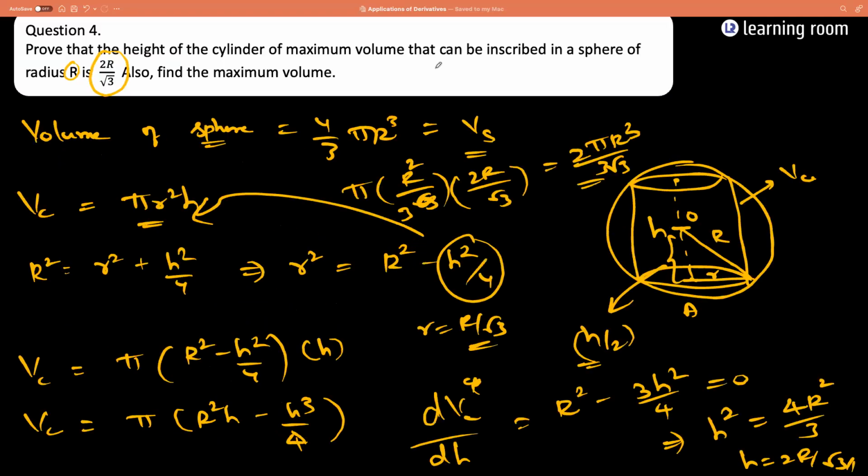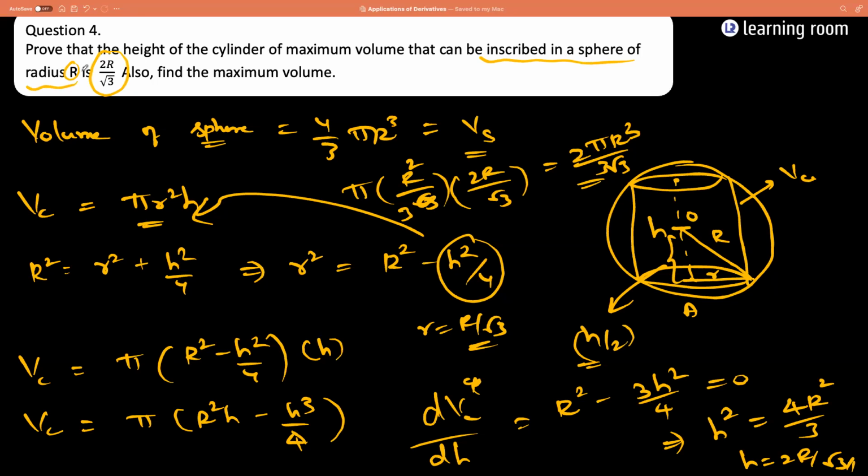By reading this question, which one are you able to choose as fixed? Read the question, don't guess it, be 100% sure. Which can be inscribed in a sphere of radius R.